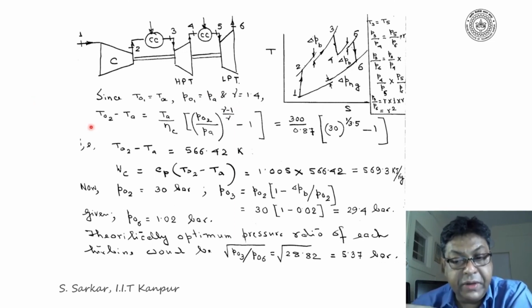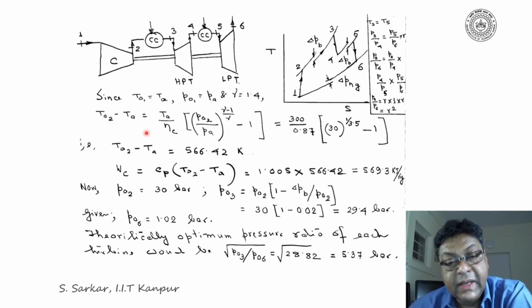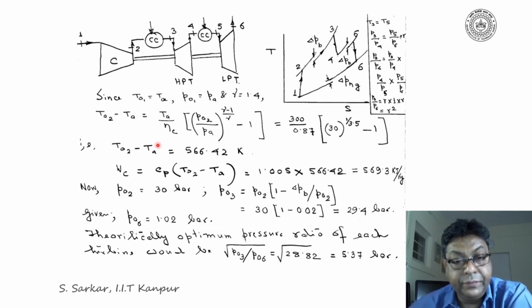Therefore, the temperature rise in the compressor can be stated as T02 minus TA is equal to TA divided by eta C, into bracket P02 by PA to the power gamma minus 1 by gamma, minus 1. P02 by PA is the compressor pressure ratio. Eta C is the compressor efficiency, isentropic efficiency, and TA being the atmospheric temperature.